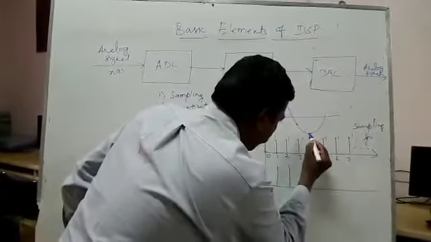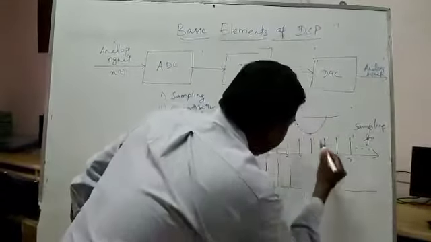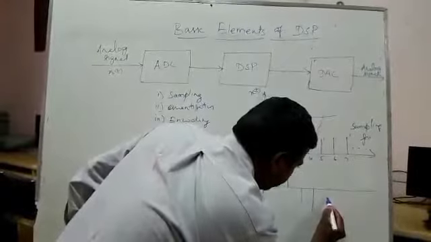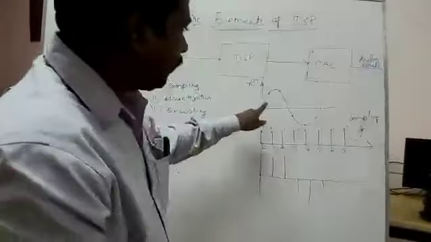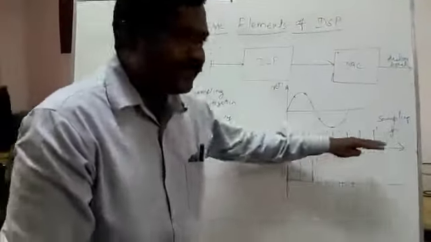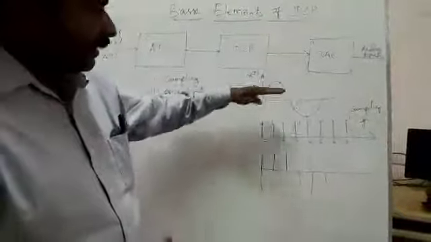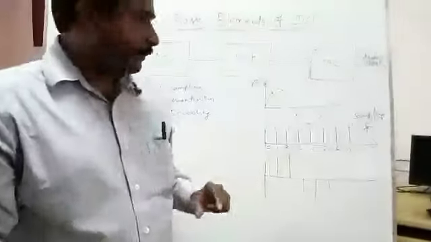Then at n equal to 4, this is the amplitude. At n equal to 5, this is the amplitude. So similarly, the amplitude levels of the analog signal are determined at the integer time instants. That means the analog signal is now defined at the integer time instants only.